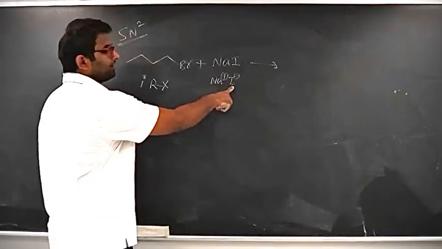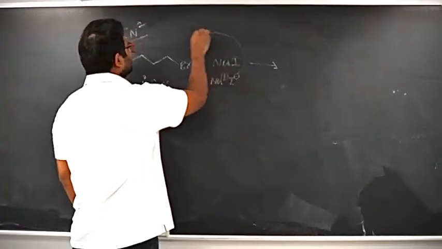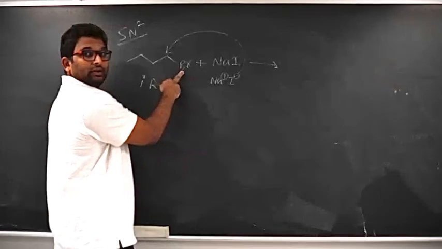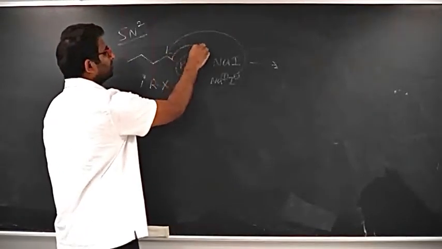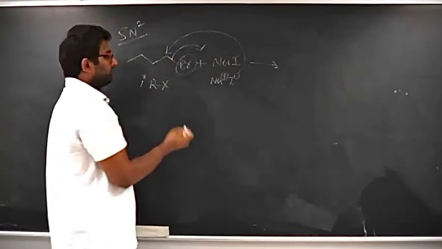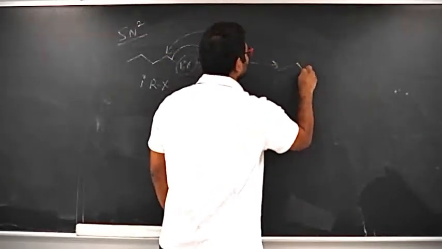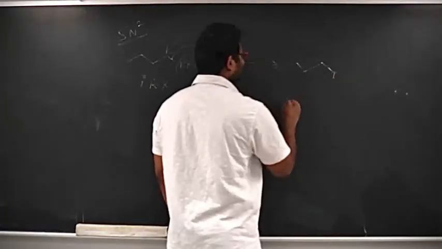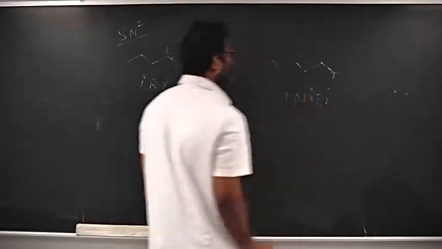Here I minus is a nucleophile and attacks the carbon with the leaving group. Bromine is the leaving group. The nucleophile attacks the carbon with the leaving group, which pushes the leaving group away from the molecule, and we end up with iodobutane plus NaBr.